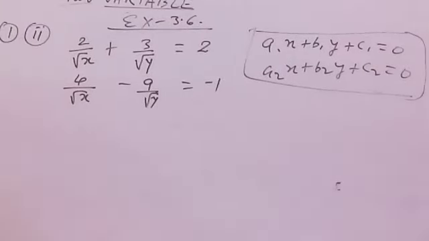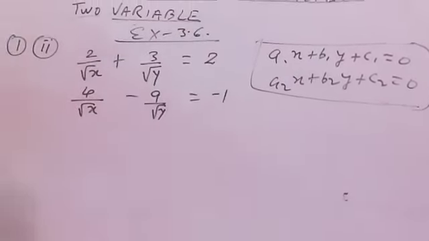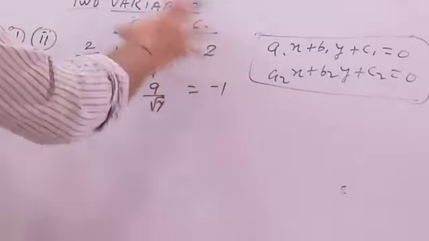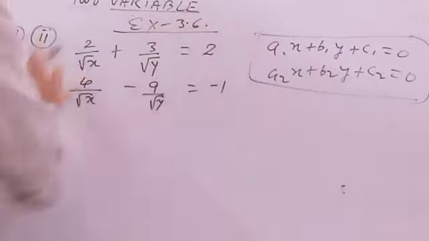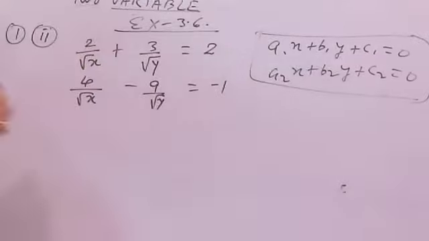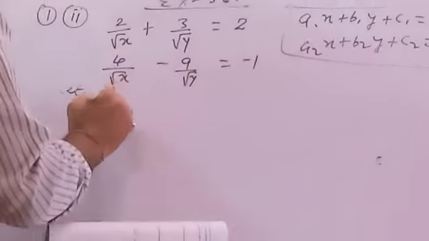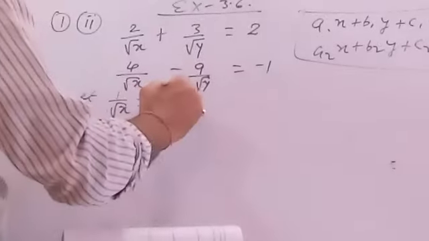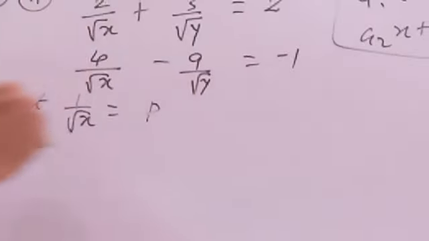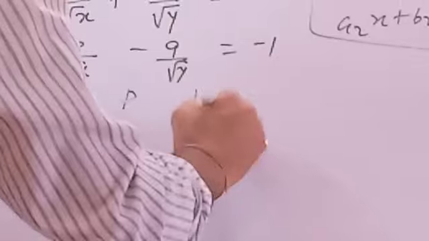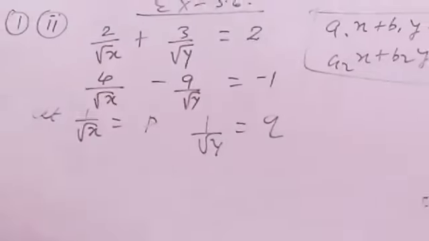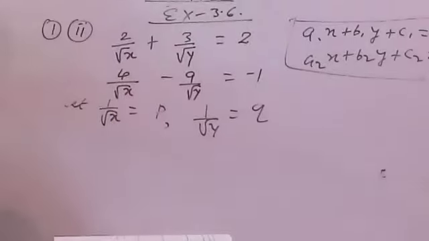Your answer will be no. So our first assignment is to reduce this into this format. For that, let 1 by root x be equal to p, and 1 by root y be equal to q.